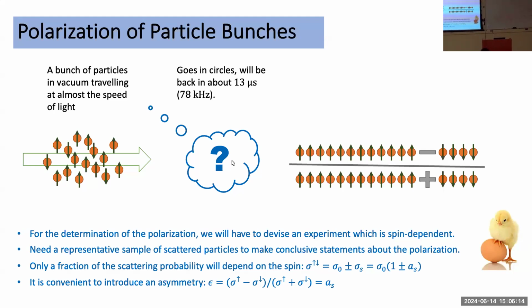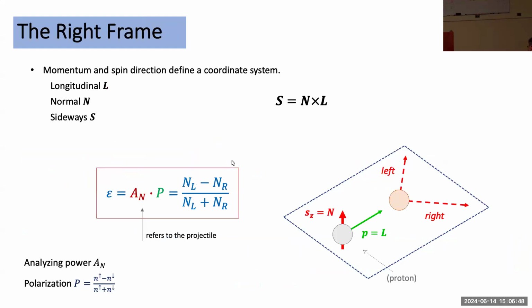The spin-dependent cross-section usually is written as a spin-independent part plus a spin-dependent part, and this parameter is maybe only 3, 4, 5%. So it's not a very efficient effect. Usually what you measure in the end is an asymmetry in the detectors, expressed in terms of these sigmas, but in practice these sigmas mean rates, a certain number of counts in each of the up or down states.